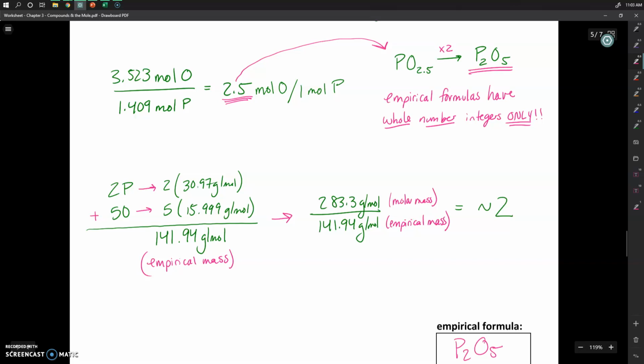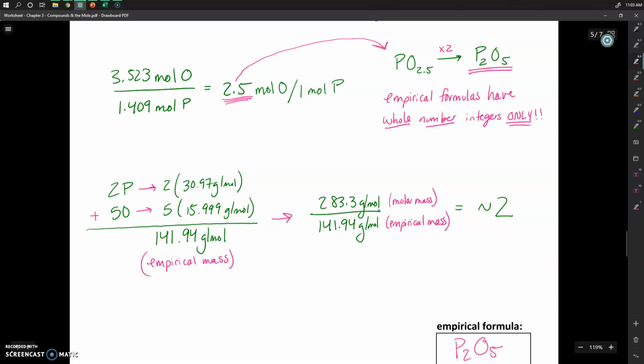I can't remember, I might have an example of that coming up in the next problem. But keep in mind here that if you ever get an empirical mass that's larger than the molar mass you're being given, then that's usually a big tip-off that you probably made a mistake somewhere. Because you should always be getting an empirical mass that's either equal to or less than the molar mass.